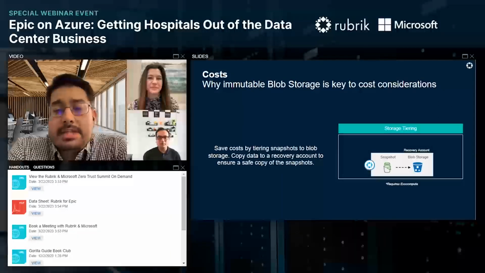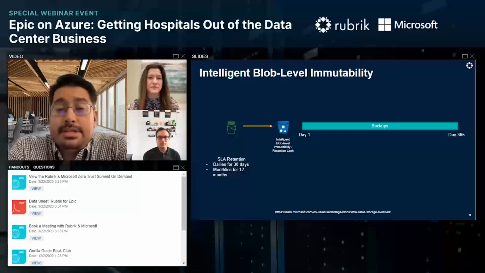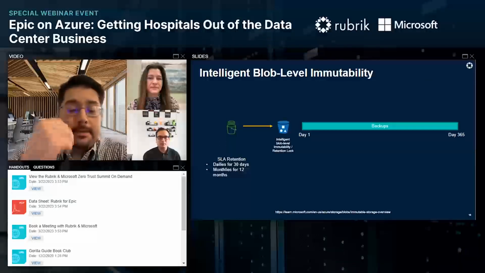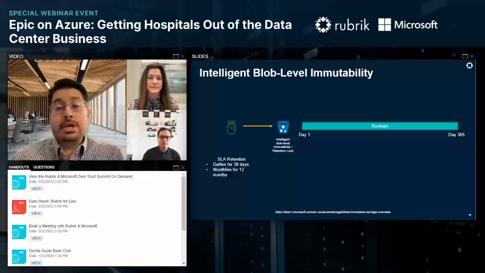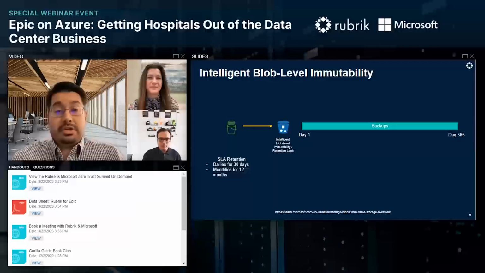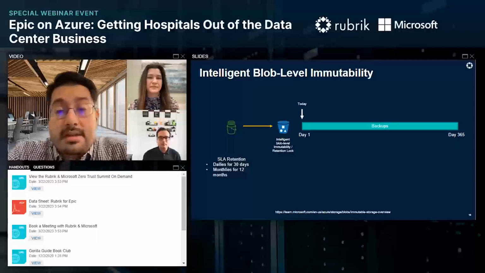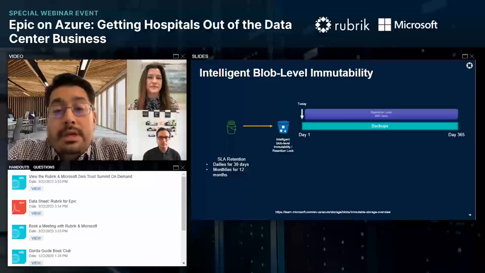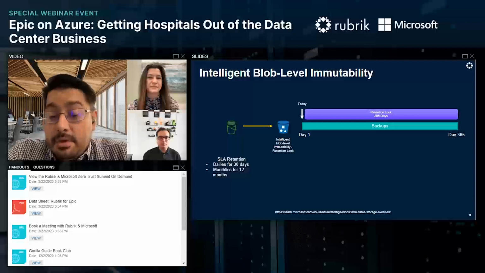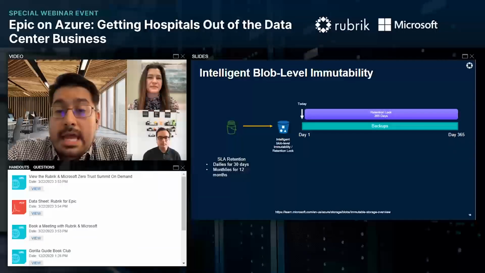As we're orchestrating and protecting things like Azure SQL and Azure VMs, what Rubrik is actually able to do is convert that premium snap storage consumption into blob storage, and then through a unique capability that's patented by Rubrik, we actually apply blob level immutability through the use of version control. And let's say your retention policy is 365 days.